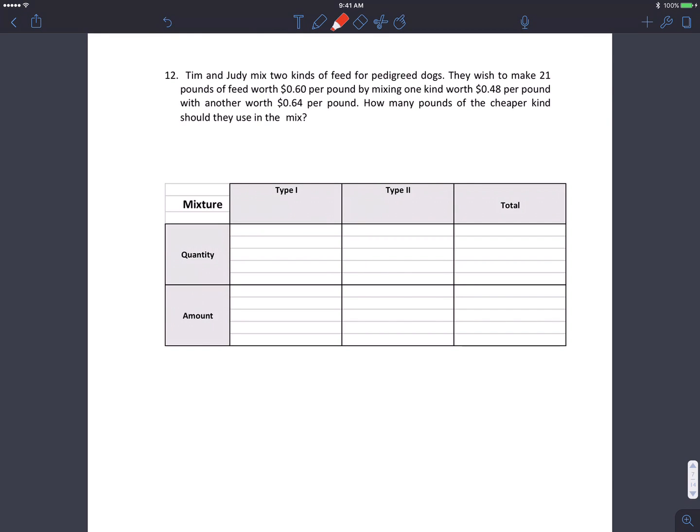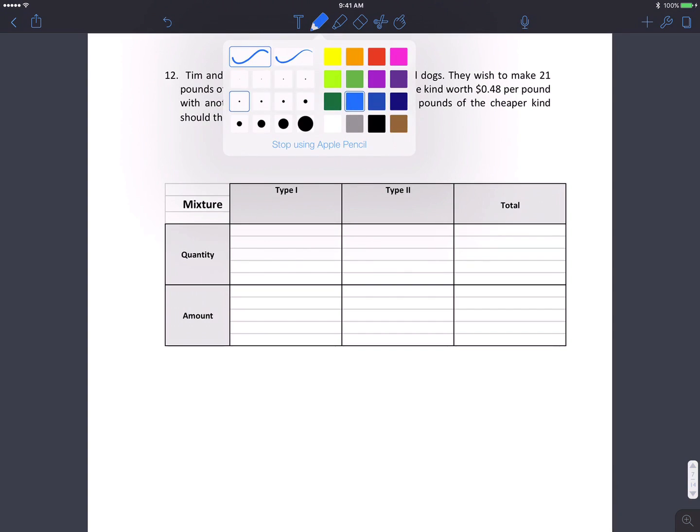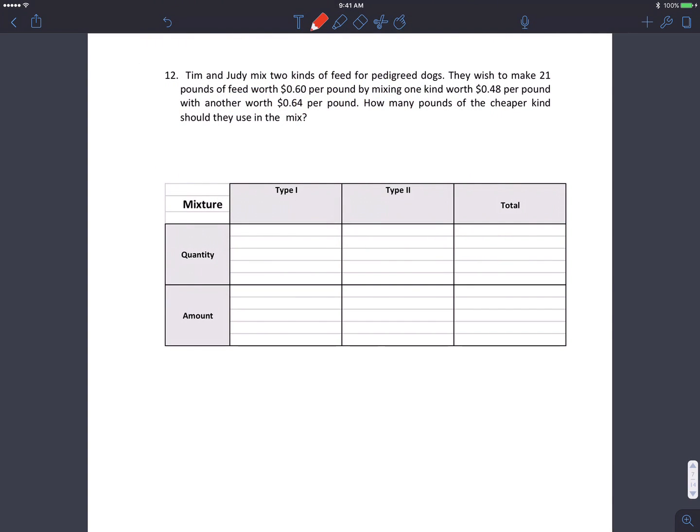So the first quantity that we looked at from class was to notice that in this question, they're talking pounds here. Pounds of dog food. So I'm going to notice here, this is in pounds. If we read this, we say, they wish to make 21 pounds of feed.